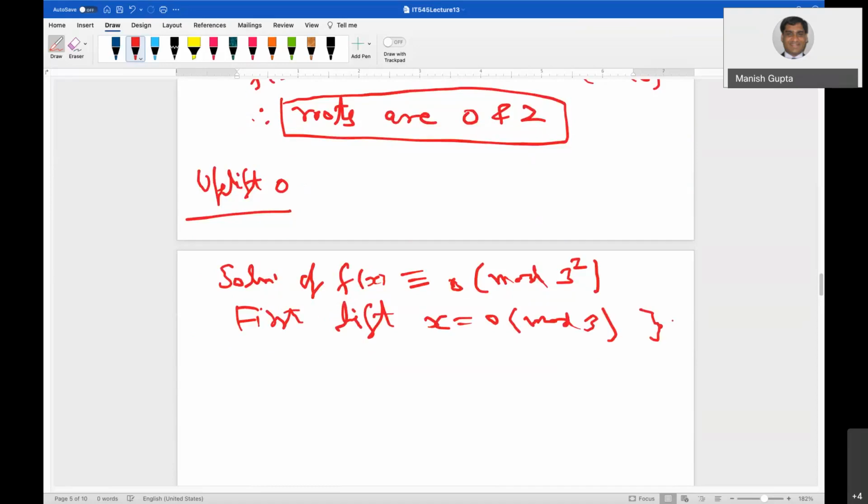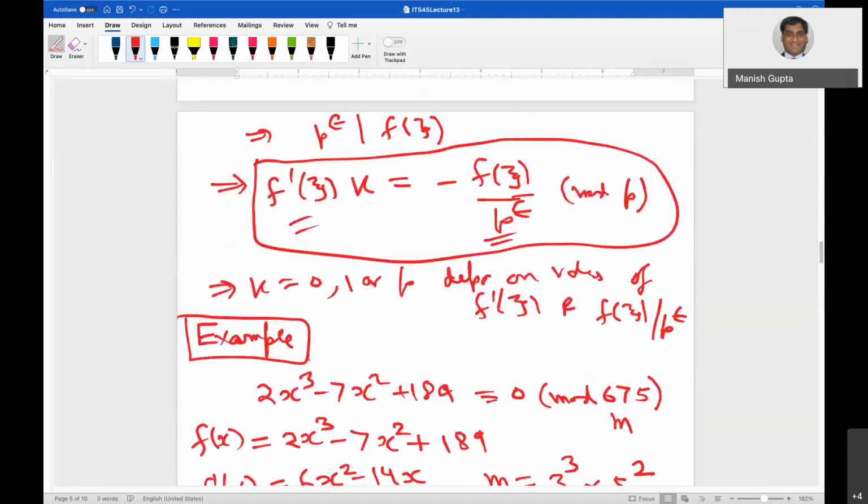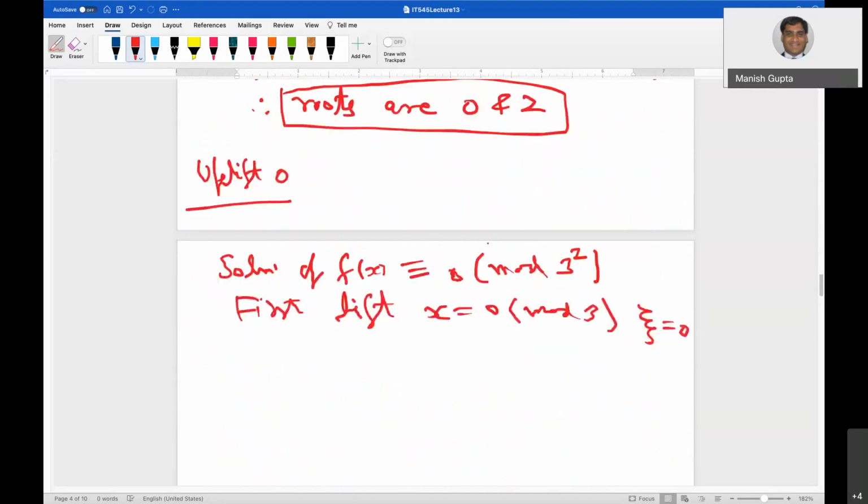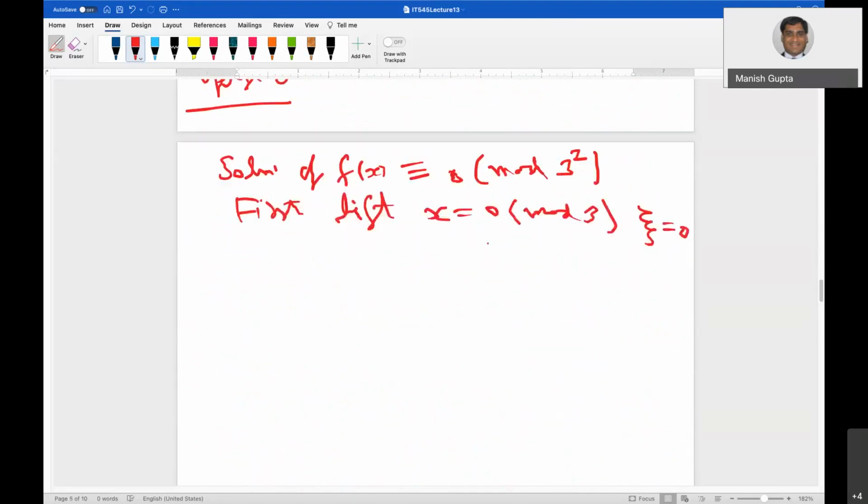So xi is 0, right? पहले 0 को लिफ्ट करेंगे. सो विल गो बैक एंड लुक एट दिस इक्वेशन. xi इज इक्वल टू 0 डाल देंगे और k की वैल्यू निकालने की कोशिश करेंगे, राइट. Epsilon also we know what is the epsilon. Epsilon is 1 here now.